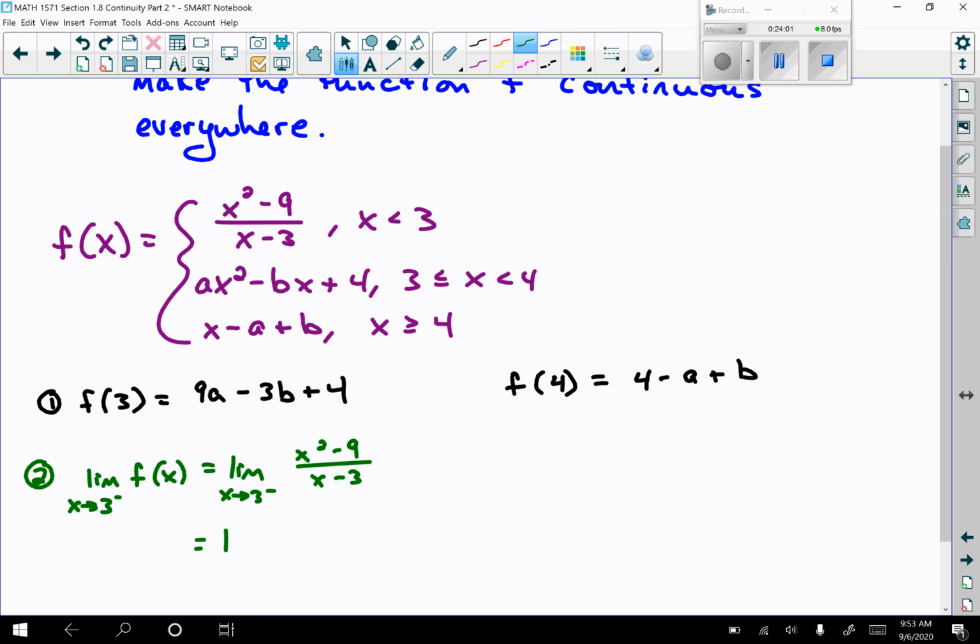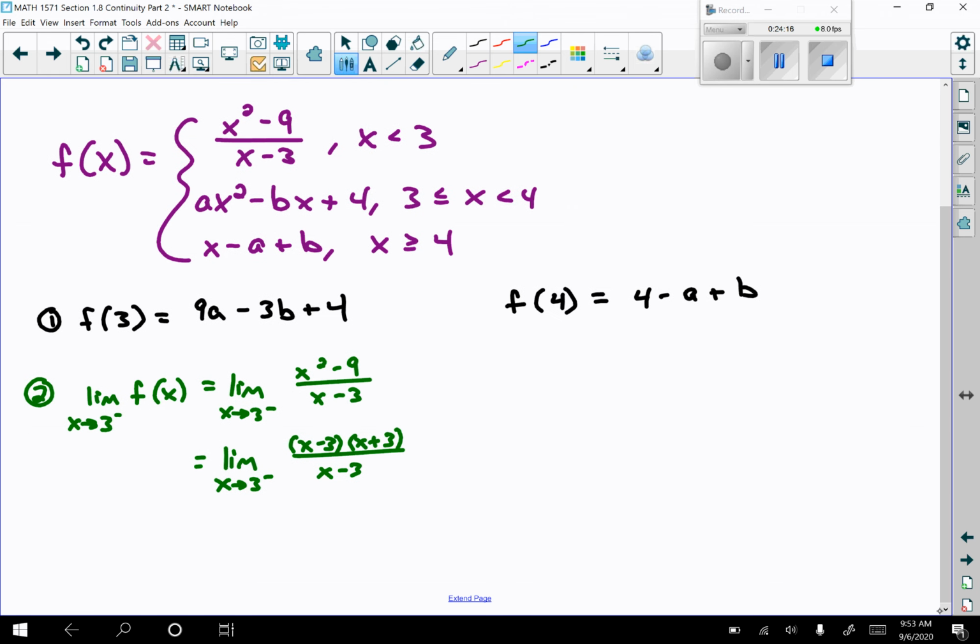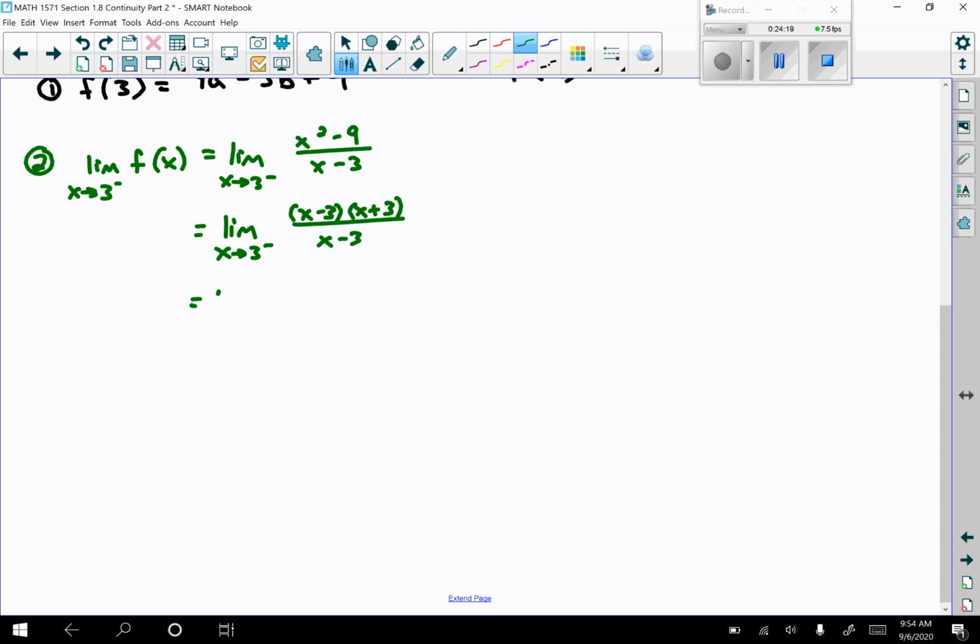I need to factor this. So this will just become x minus 3 times x plus 3 over x minus 3. This will just give me x plus 3 here, which will give me a 6.